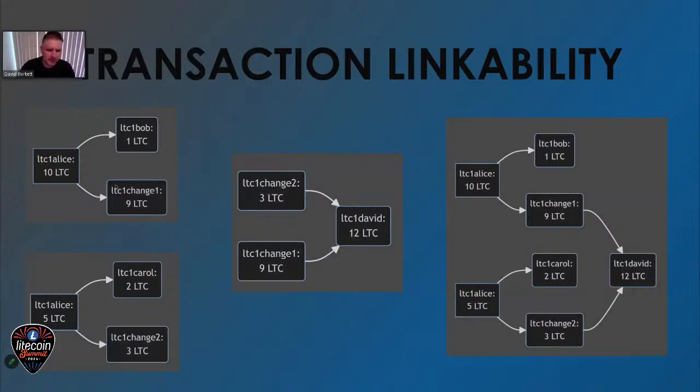I don't know if this diagram even makes sense, but assume these are each different transactions on the left here. So Alice is transacting, she's sending to Bob, then she's also sending to Carol, and she has fresh change addresses for each transaction.